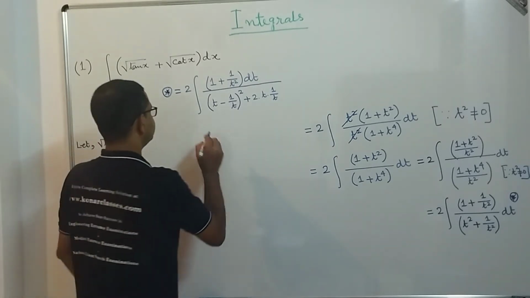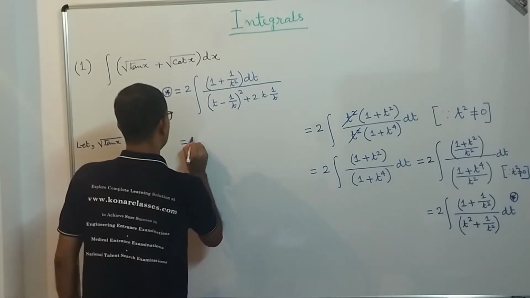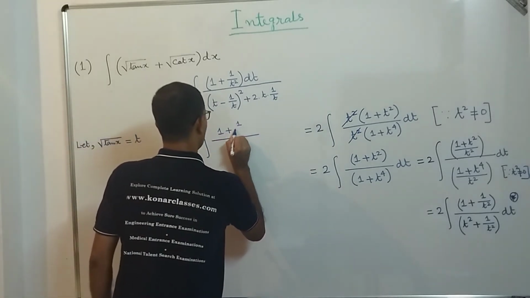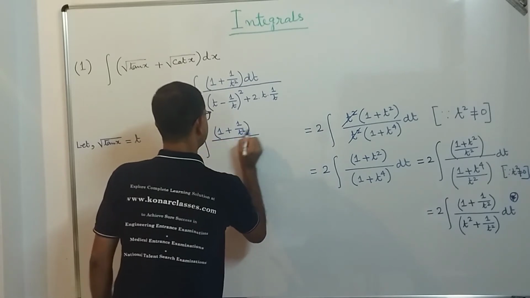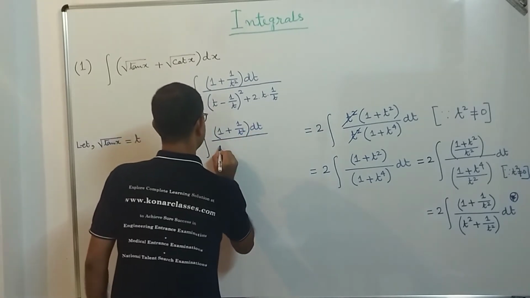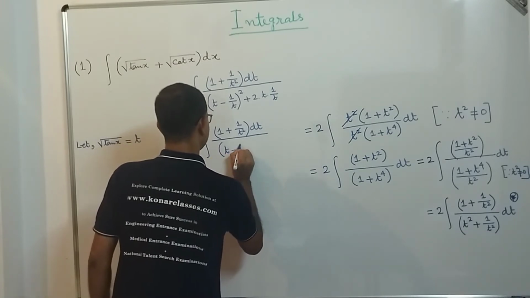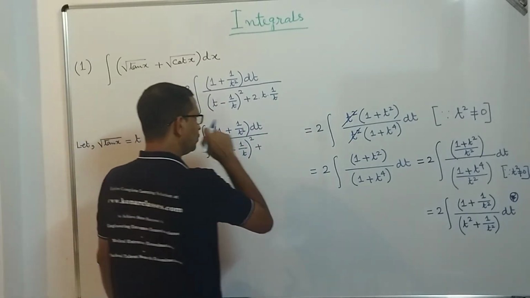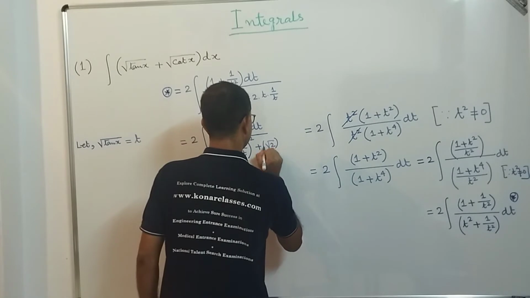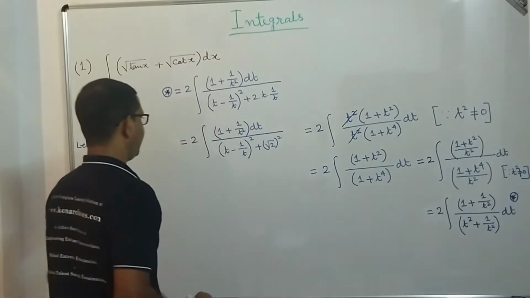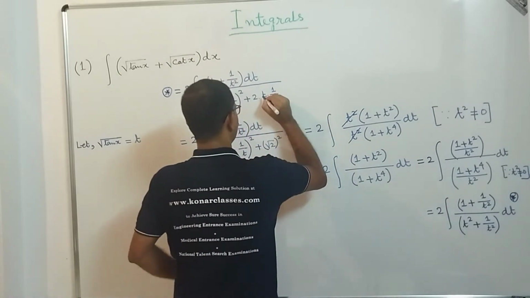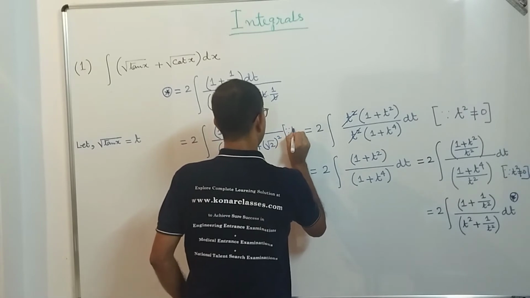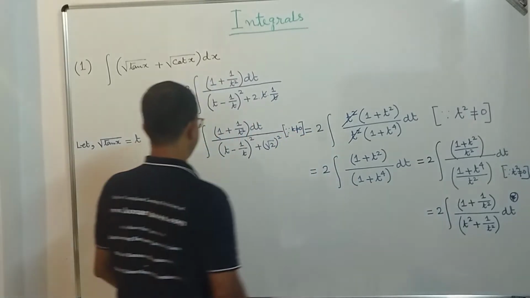So this is equal to 2 into integration of 1 plus 1 by t square dt, divided by t minus 1 by t whole square plus 2, and 2 we can write as root 2 whole square. Since t is not equal to 0, because this t and this t got cancelled, we can write it that way.